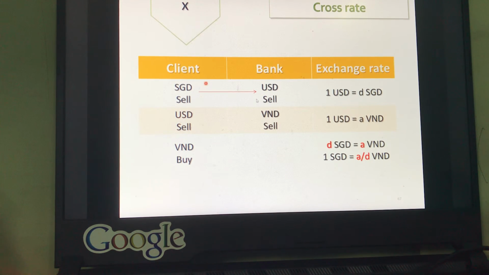as we just mentioned, it is the rate at which the quoting bank buys the commodity currency. When the bank buys the commodity currency, it means that the client or the customer holds the commodity currency in hand, and the client will sell it to the bank.